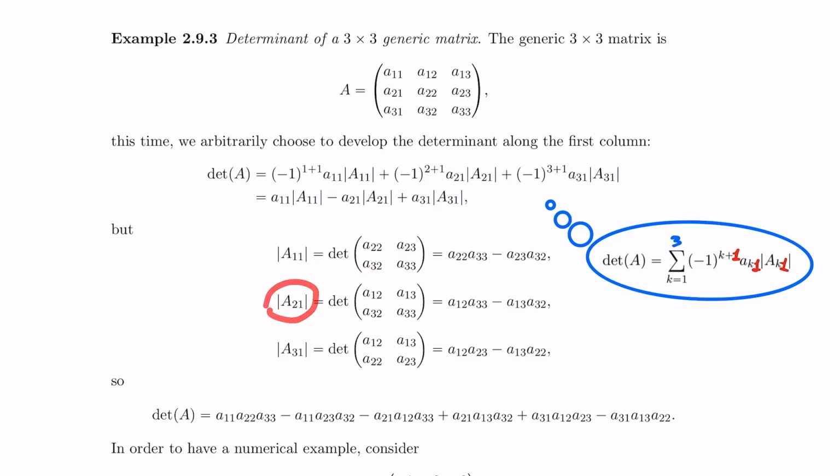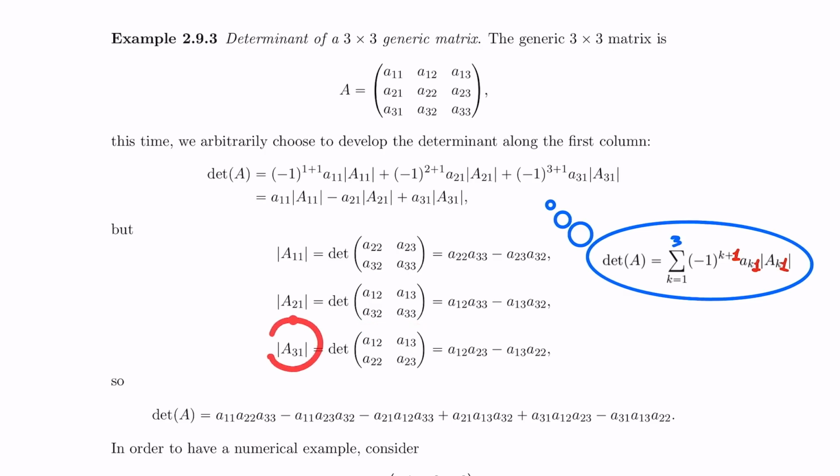Now the minor a21 is by definition the determinant of the matrix obtained by erasing the second row, like this, and the first column. And in fact, this is the submatrix of A that you find written here.